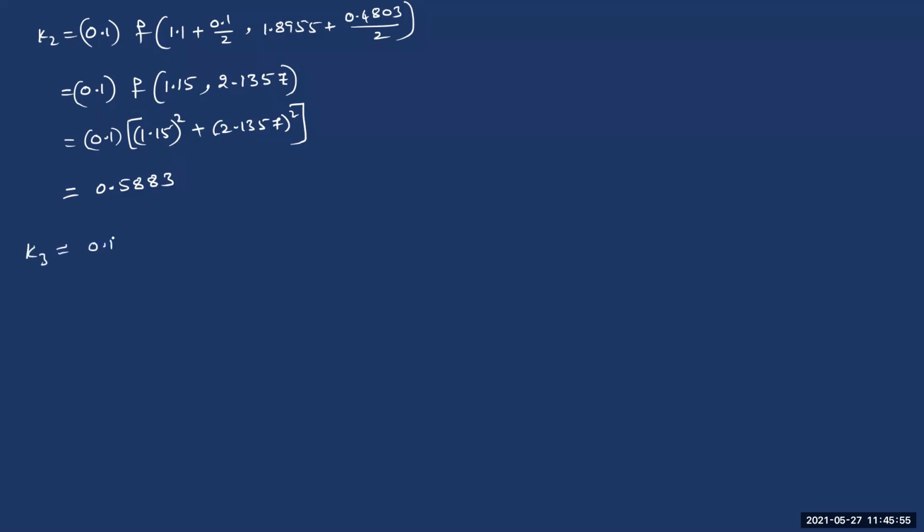K3 is equal to 0.1 into F of, again the same story, 1.1 plus H by 2, 0.1 by 2, comma, Y1 which is 1.8955 plus K2 by 2 this time. So it is 0.5883 divided by 2.